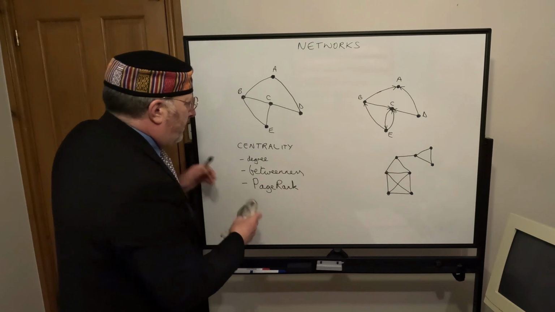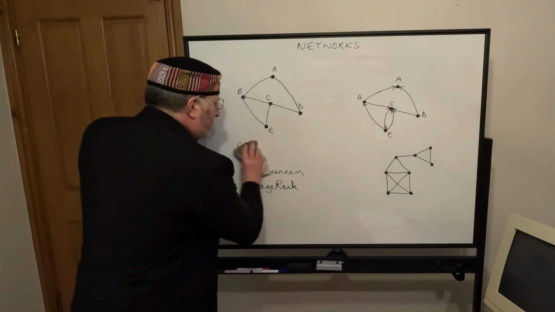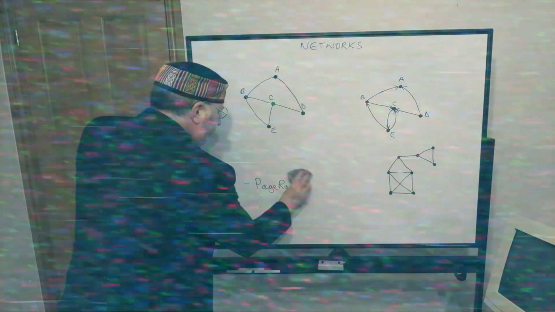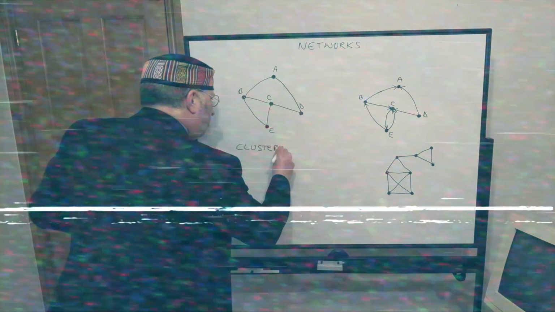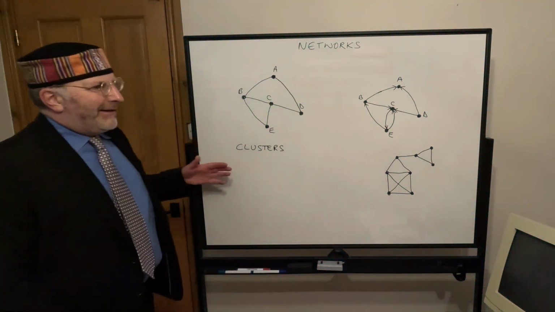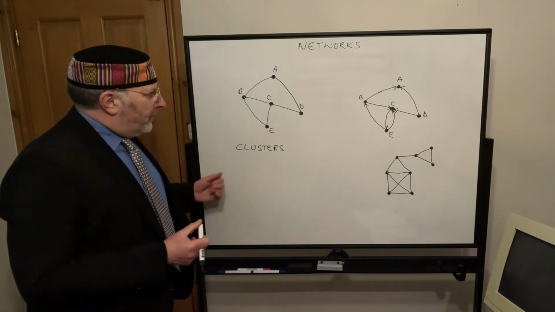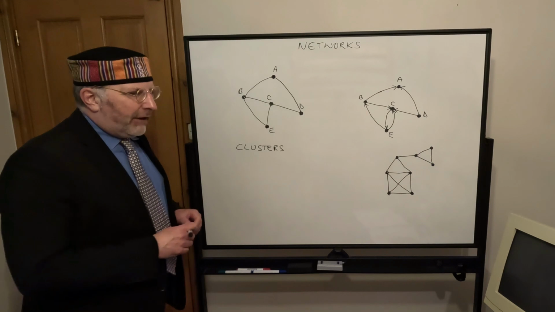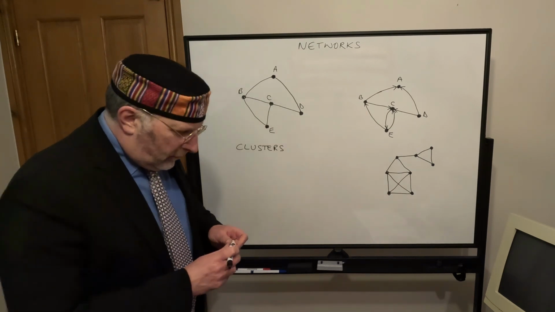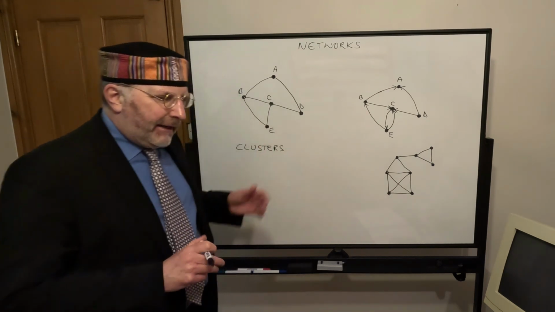And we said the other issue that people are interested in is that of clusters. So let's have a look at that. So again, as with centrality, there's a whole range of definitions of different types of clusters, and we're just going to look at some of the main ideas.